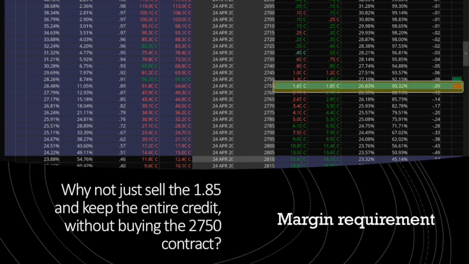So putting on a naked put would have quite a bit of risk. And on the opposite side, if you were on the call side, SPX could rise theoretically infinitely. So the margin required would be extremely high. So that's why we put on the second leg as sort of an insurance or hedge against the first call. And doing so also defines our max gain and our max risk.